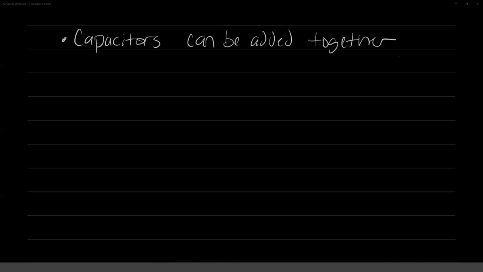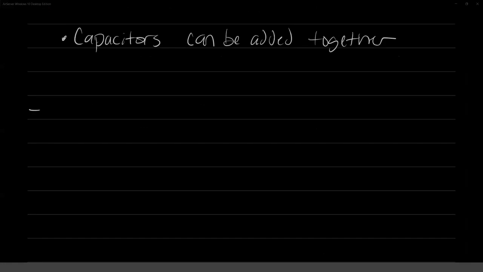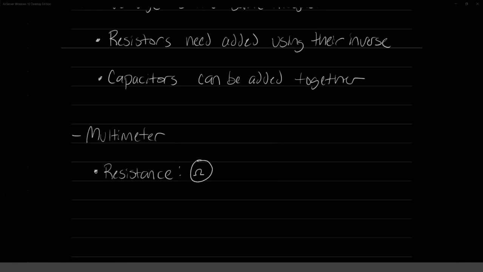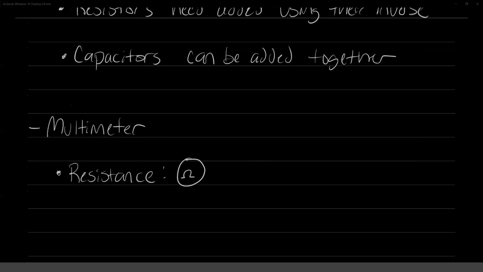Cool. And then I just wanted to talk about multimeters. I know they weren't too bad, but I think some people don't have a ton of experience, so I just wanted to go over them. If you're measuring resistance, you need to use the symbol that looks like a circle with an ohm sign in it.